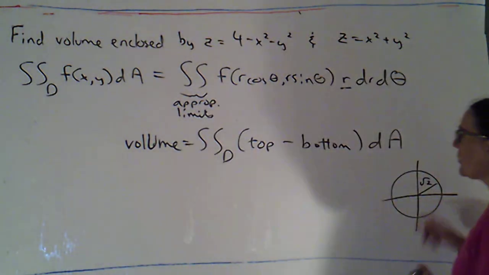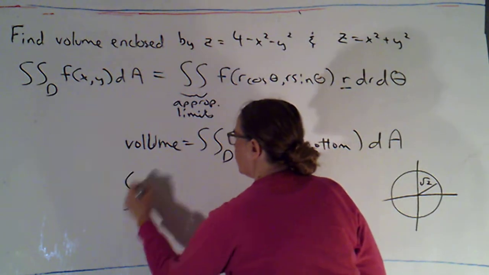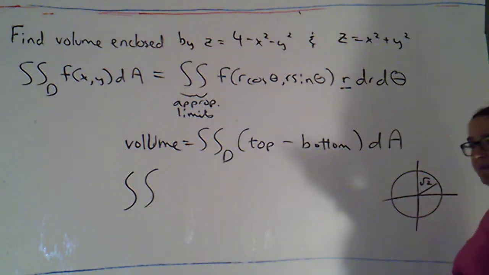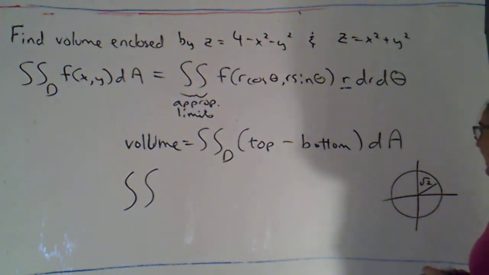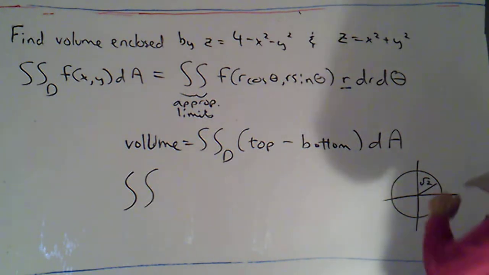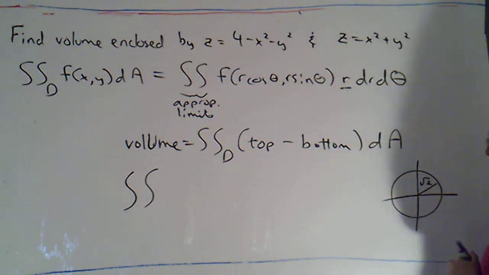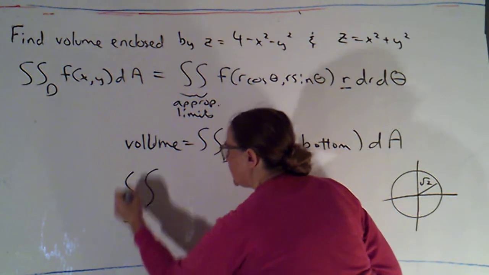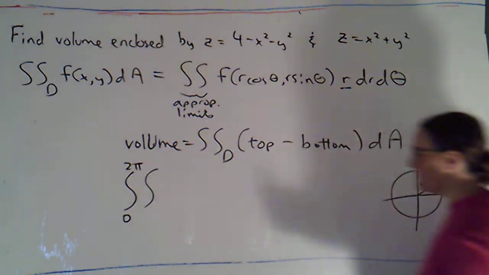So if I'm integrating over a disk, I want to describe my limits of integration in terms of r and theta. Okay. Well, if I'm integrating over the whole disk, I'm thinking theta is going from 0 to 2 pi. Okay.